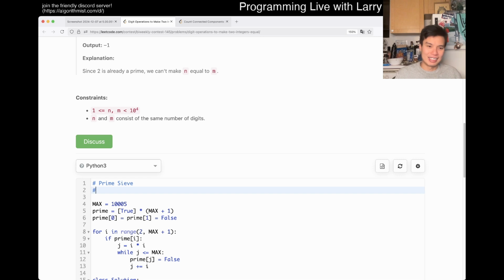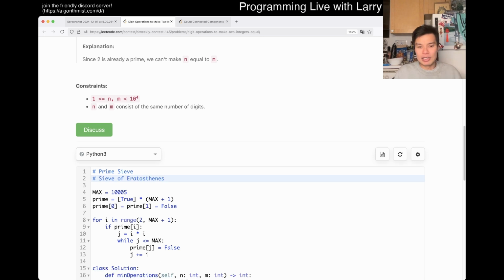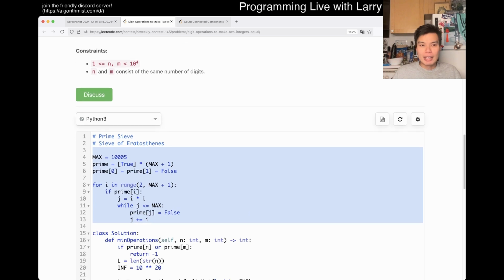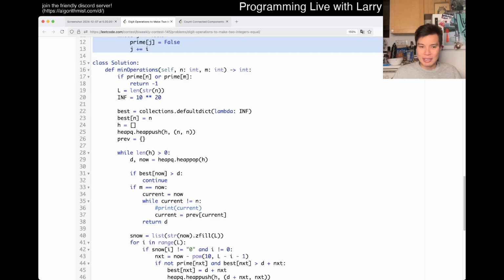I don't know, I'm always saying it wrong. So definitely check that out. I do not template this, I do not have the library, which is why I'm a little bit slower, but it's not that bad. Once you understand the concept, you can reuse it in different ways. This idea of a sieve, so definitely check that out. But other than that, everything is just standard Dijkstra.